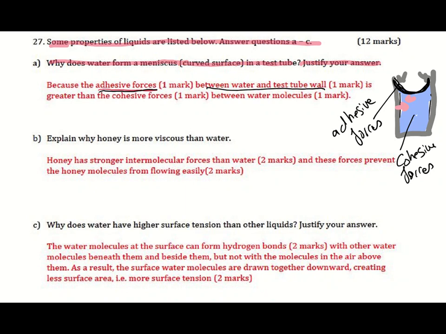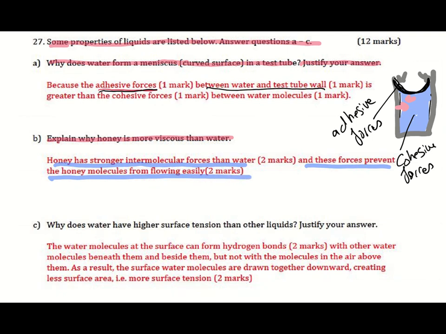Question B. Explain why honey is more viscous than water. This means that the intermolecular forces of attraction are stronger in honey than in water. These forces prevent the honey molecules from flowing easily.